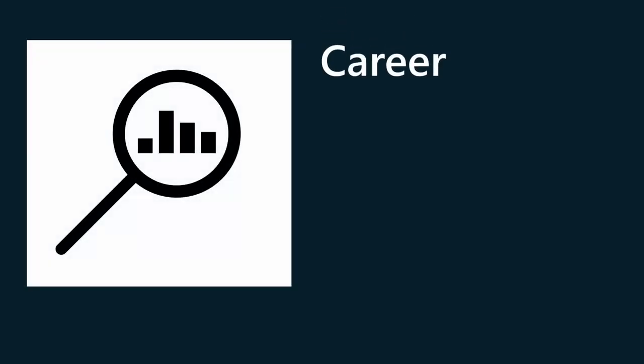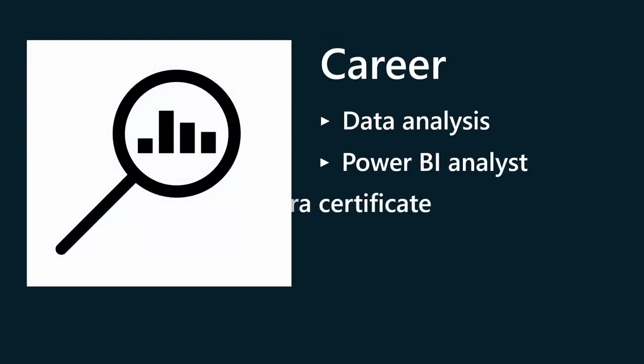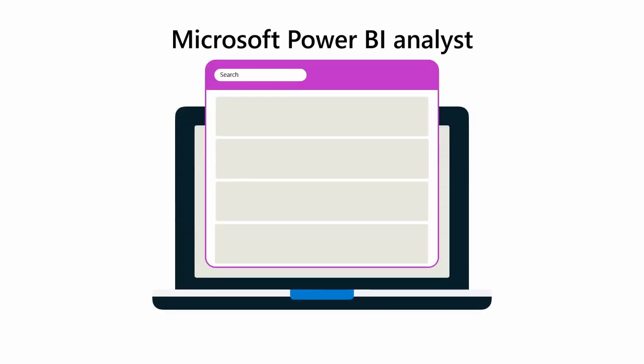This program prepares you for a career in data analysis. When you complete all the courses in the Microsoft Power BI Analysis Professional Certificate, you'll earn a Coursera certificate to share with your professional network. Taking this program not only helps you become job ready, but also prepares you for the PL-300 exam, Microsoft Power BI Data Analyst.